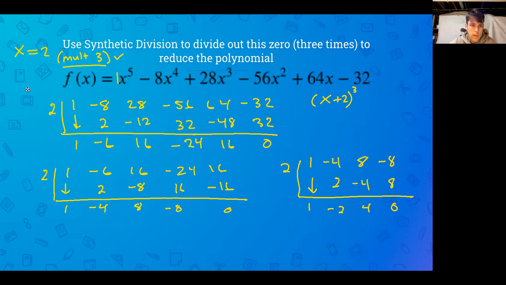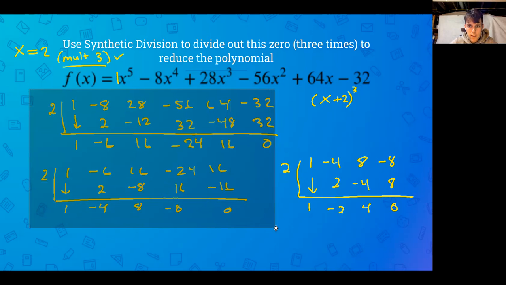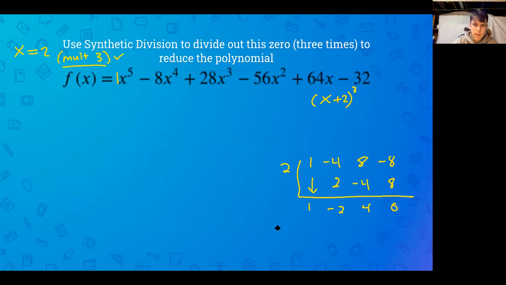So I'm going to delete some of this stuff. I want to get rid of that to give myself some more space. I have this reduced polynomial down here, x squared minus 2x plus 4. So I've reduced it 3 times by this factor.